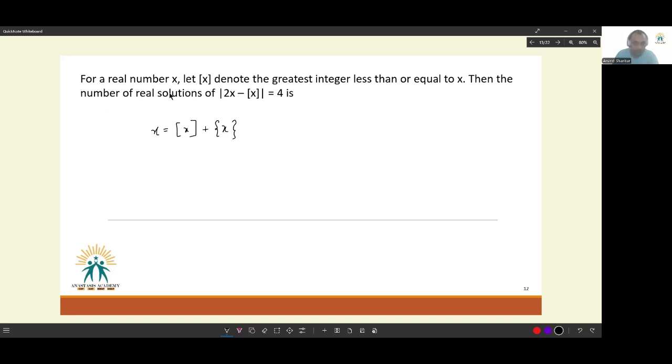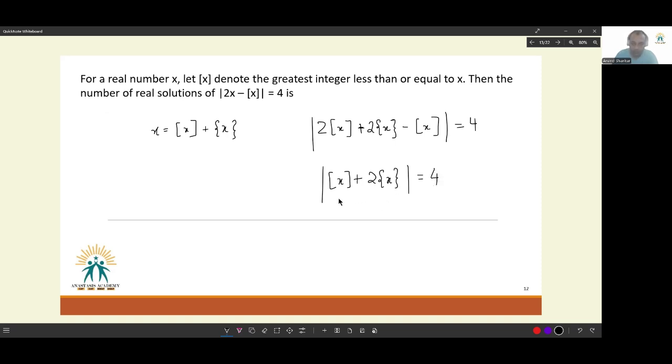Then we will have the number of real solutions of 2 times this x plus 2 times this x minus the integral part of x, which is equal to 4, or the integral part of x plus 2 times the decimal part of x has to be equal to 4.